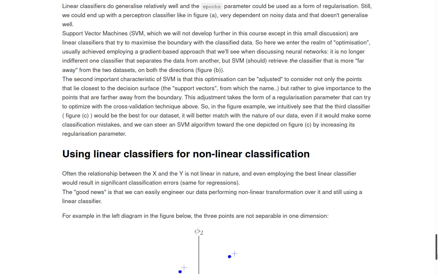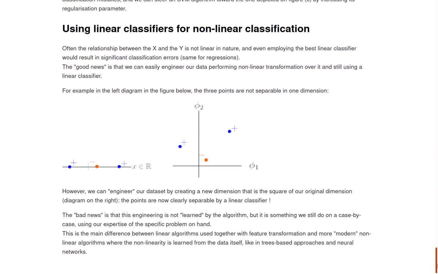Sometimes the relation between x and y is not linear in its nature, and even employing the best linear classifiers, we would end up making considerable errors. So we have good news: we can easily still use linear classifiers to do nonlinear classification by just engineering our data. And here is a very simple example.